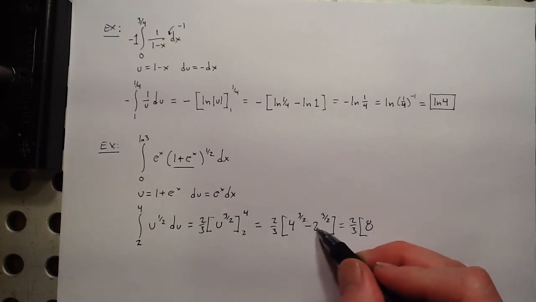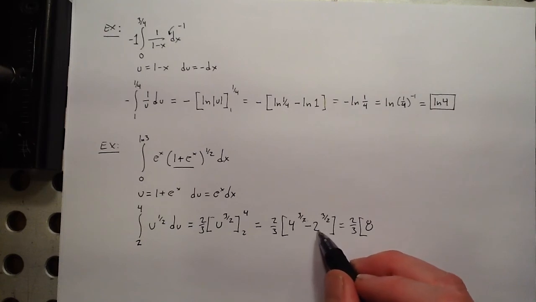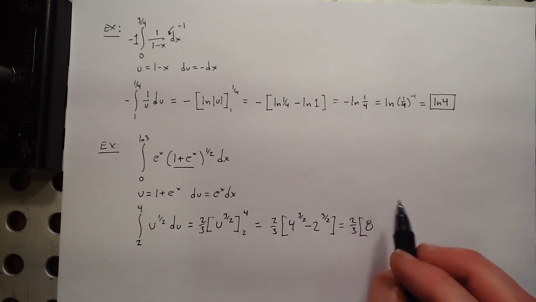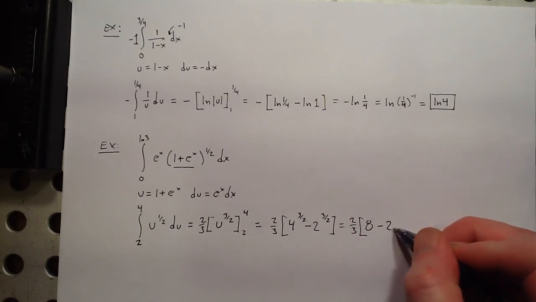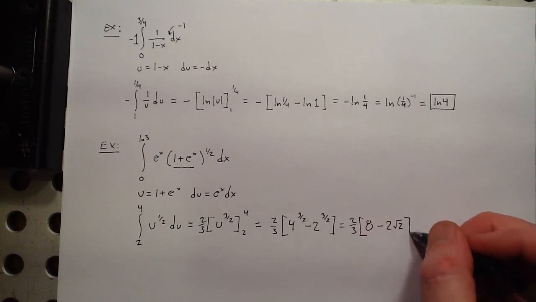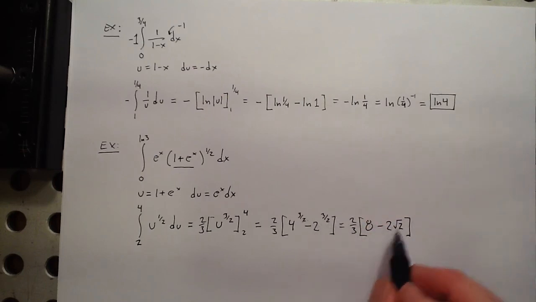The square root of 2 is the square root of 2, and then cubed is the square root of 2 times itself 3 times. Well, 2 of those make a 2, so that's that. You can maybe pause for a minute and think about that. Make sure you're on board there.